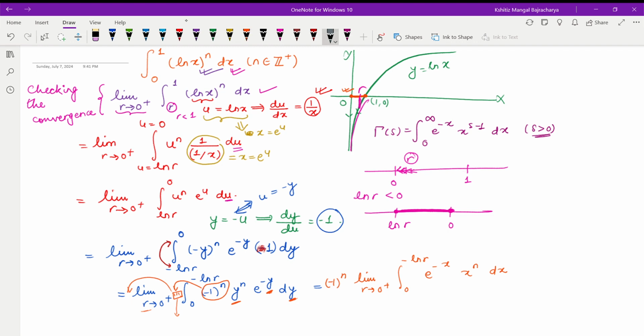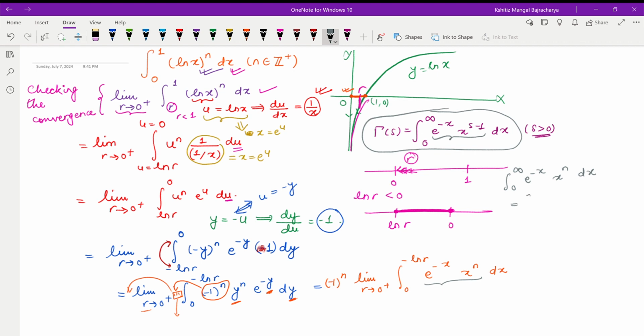Alright, now let's see. Do we have a gamma integral right away? No. But do we have the integrand of the gamma integral? Yes, we do have it. So let's evaluate the corresponding gamma integral. e raised to the power minus x, x raised to the power n dx.